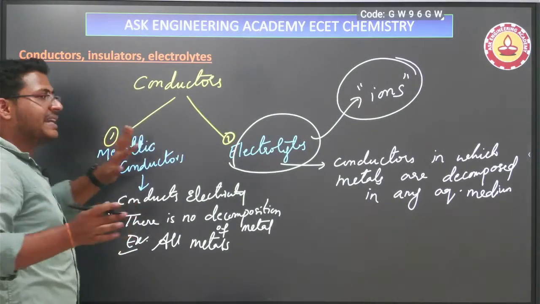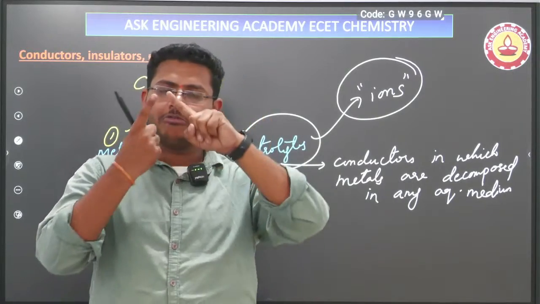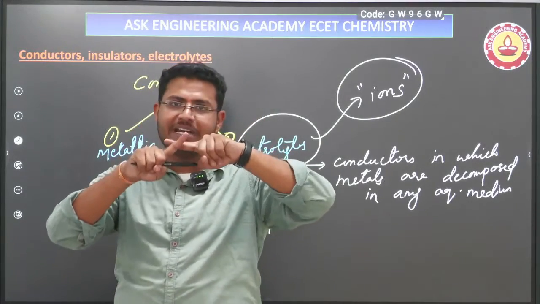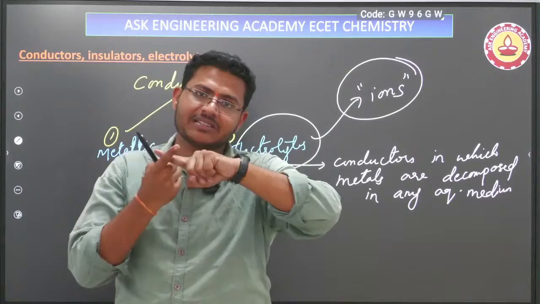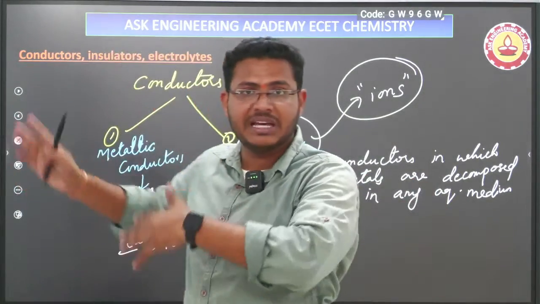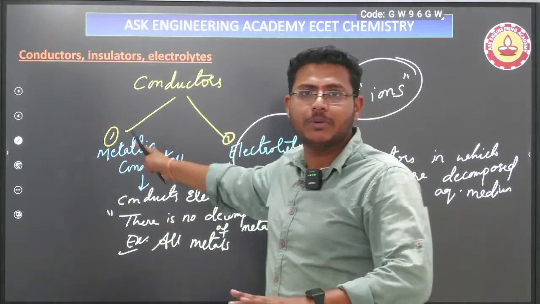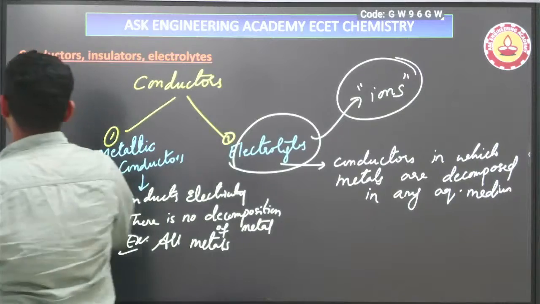So now you have an idea of the three types of substances based on electric current capability: conductors, insulators, electrolytes. Electrolytes are widely studied under the category of conductors. Apart from electrolytes, the other conductor category is metallic conductors. This is all about the different types of substances. Now, types of electrolytes.